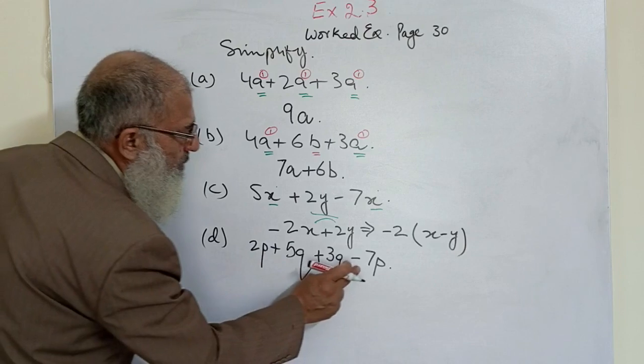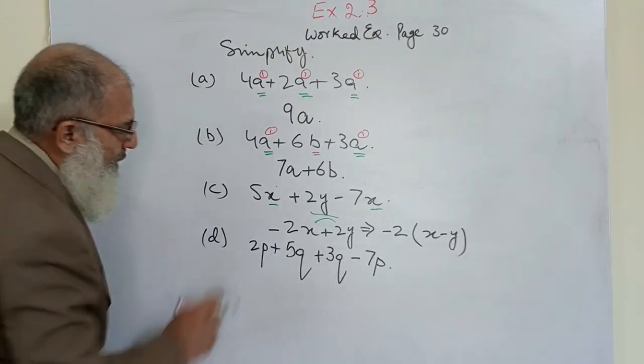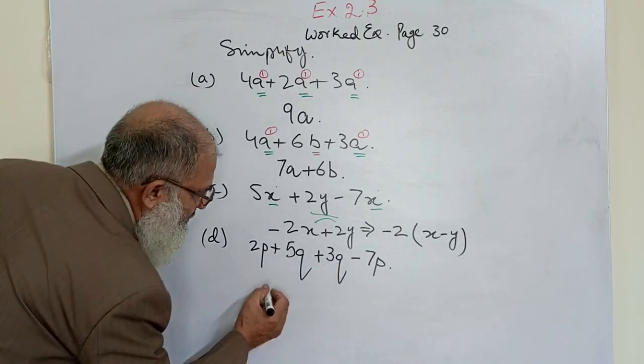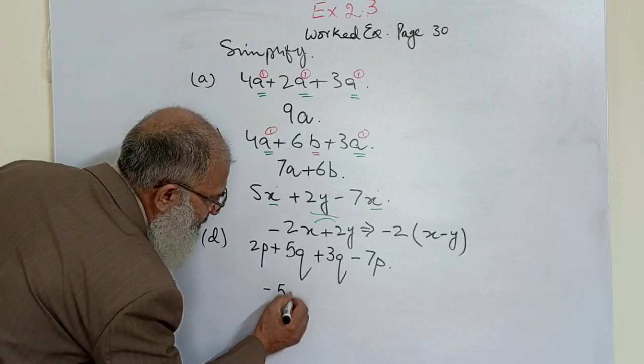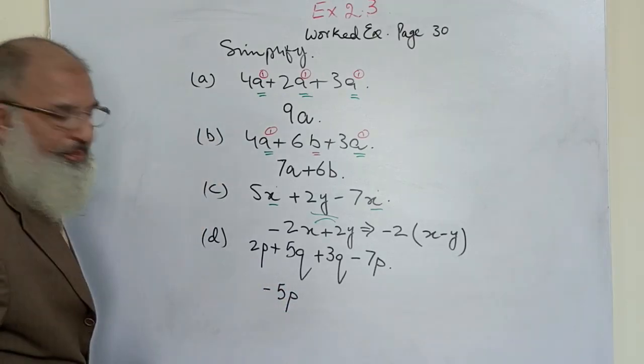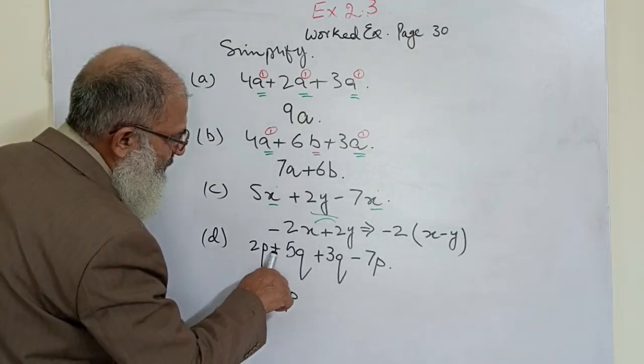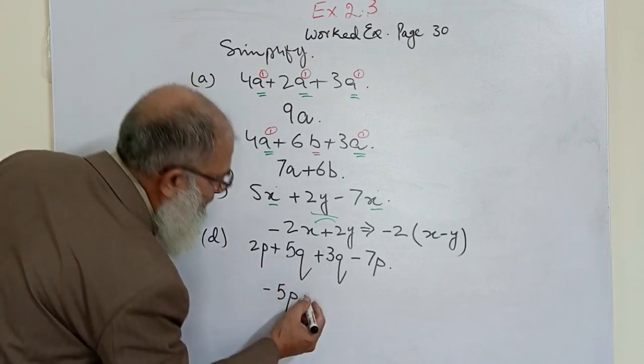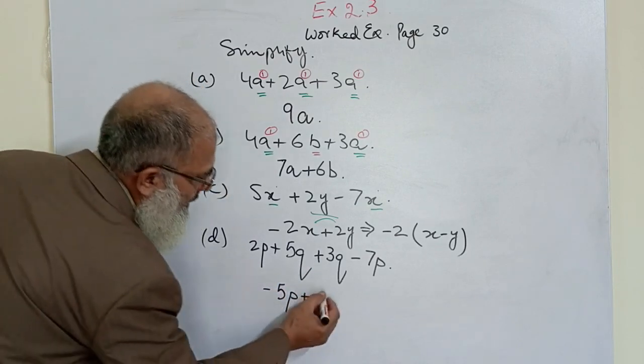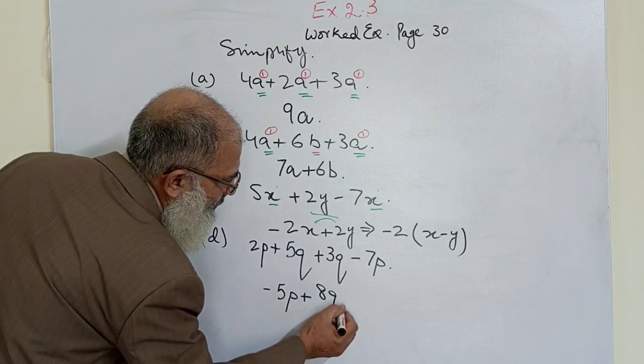So 2p minus 7p, 2 minus 7 is minus 5p. Now this will become plus and plus again 8q.